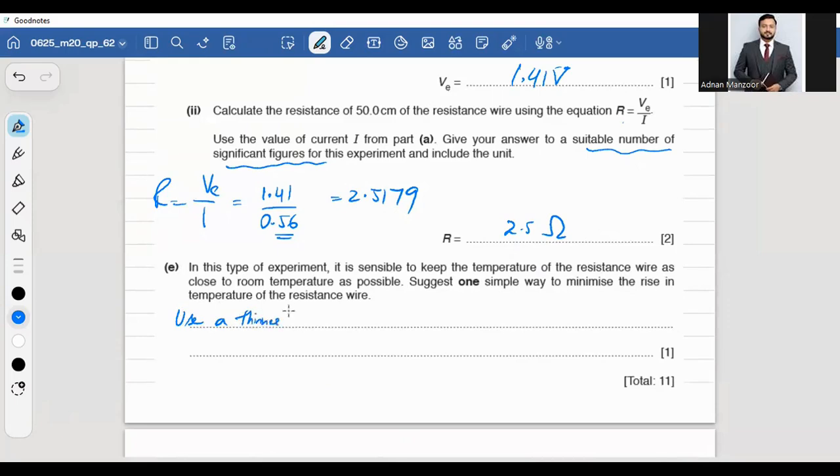And use a low value of current, you can say, a lower current. And the very important thing you need to remember is to switch off between readings. When you're setting it or changing things for the next reading, you have to switch it off. So that is the most repeated one: switch off between readings.